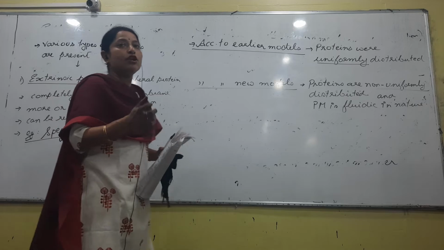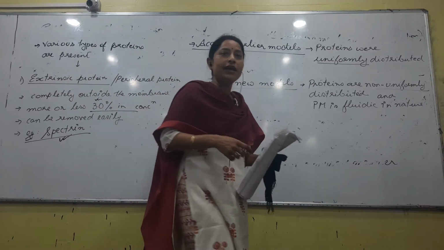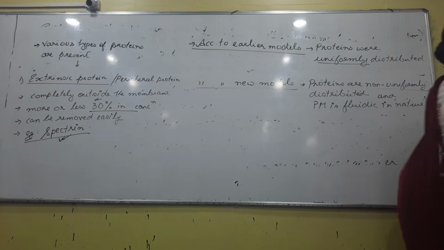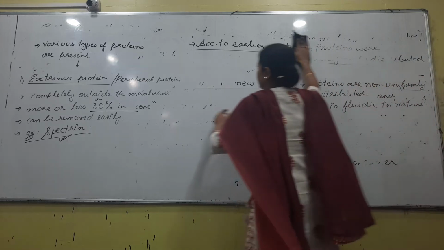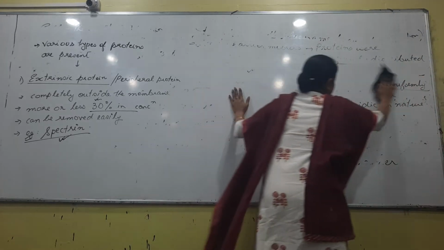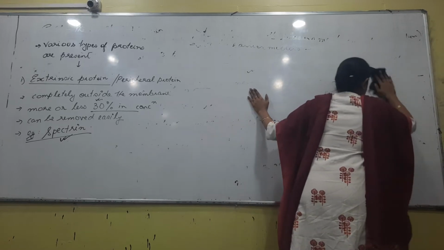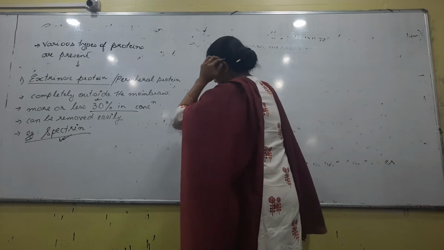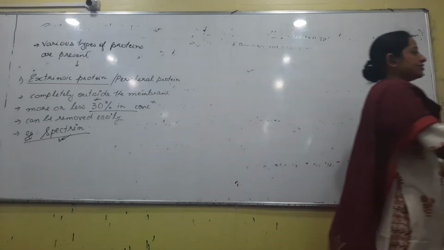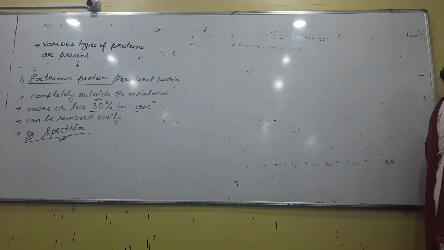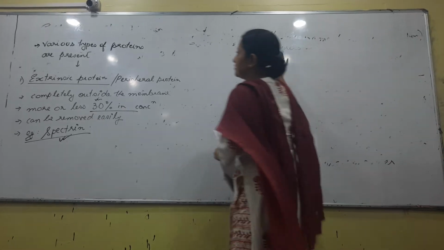Spectrin is an example of dash protein, is an example of extrinsic protein. Right? Okay. Concentration, short form what likhisu? 30%, more or less 30% in concentration.